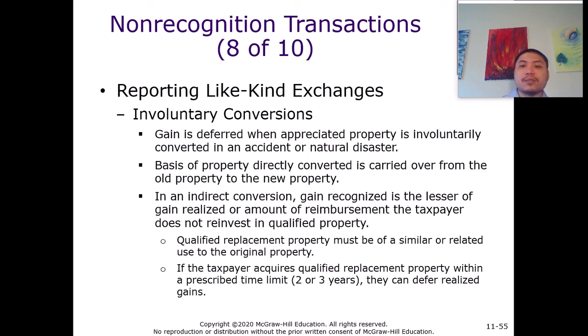The taxpayer who lost the rental office building cannot use the compensation cash to buy, say, a residential rental building. It has to be of the same use as the old property, right?